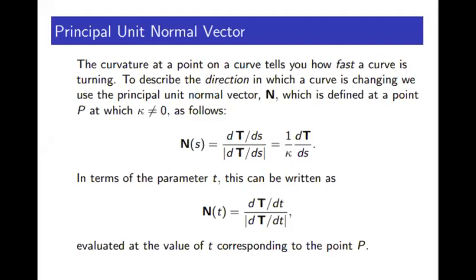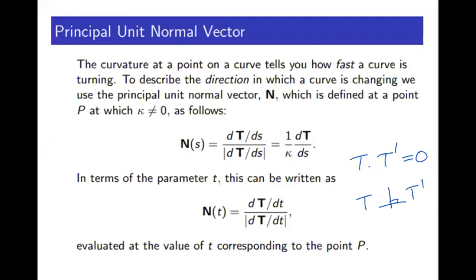So remember, I showed that T dot T prime is equal to 0. That means T and T prime are perpendicular. Then I can define another unit vector using T prime.